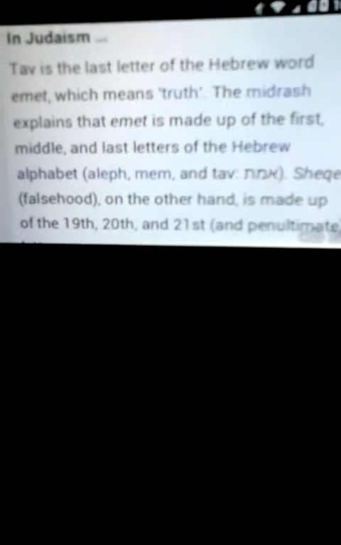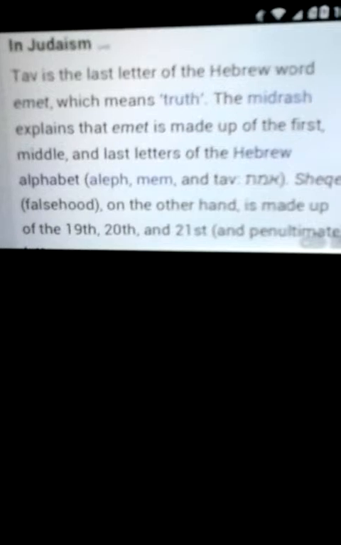In Hebrew, there are no vowels. In English, all the vowels A, E, I, O, U are A is 1, E is 5, I is 9, O is 15, U is 21.